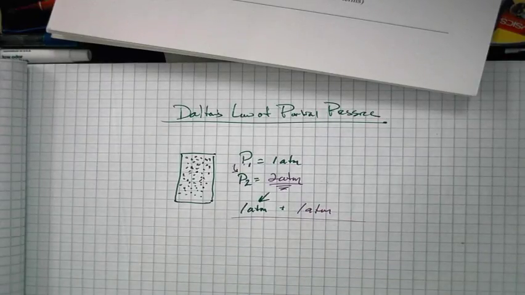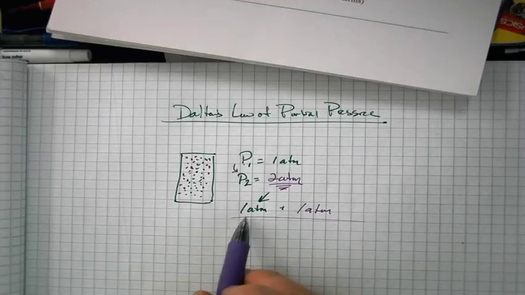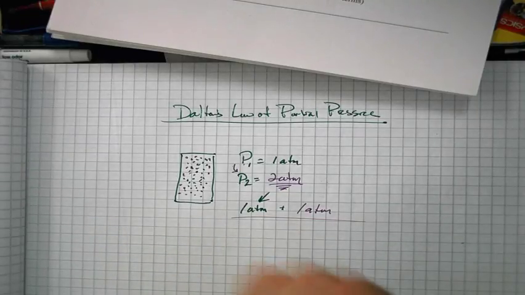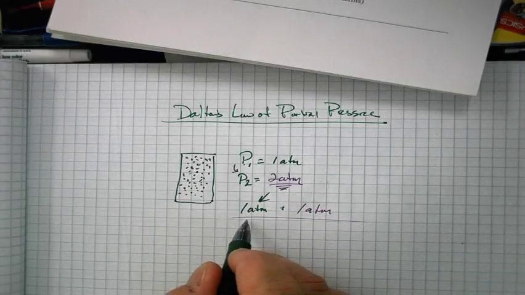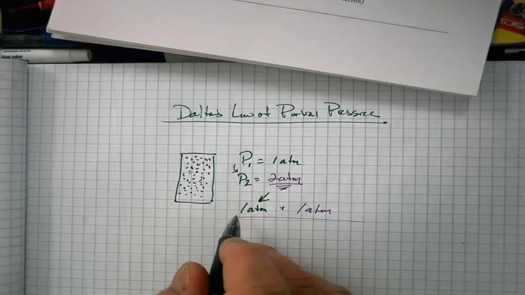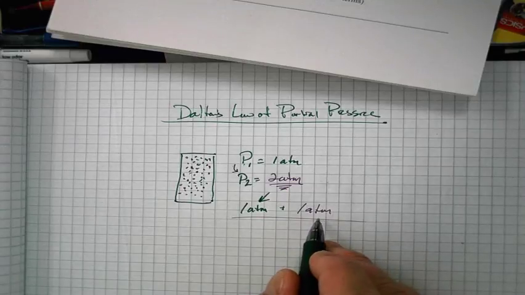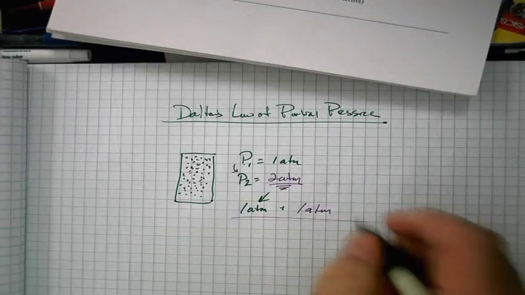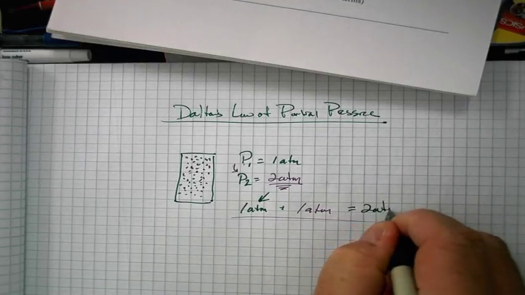If you have a mixture of gases, if you look at the pressure represented by the individual gases, they represent a portion of the whole pressure. So the green gas here would have, in this case, 1 atmosphere. The purple gas has 1 atmosphere, and so combined, they have a total of 2 atmospheres.